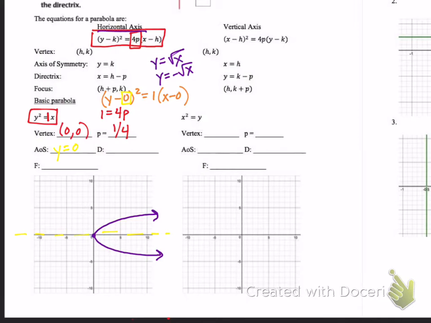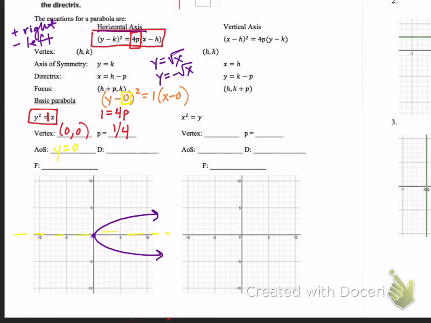It opens to the right if you have a positive y squared, and it opens to the left if you have a negative y squared. You might want to write that in your notes: positive opens right, negative opens left. Kind of similar to an x squared, where positive opens up and negative opens down. Same thing, but right versus left.